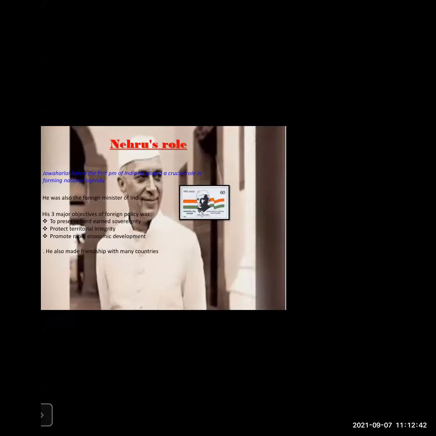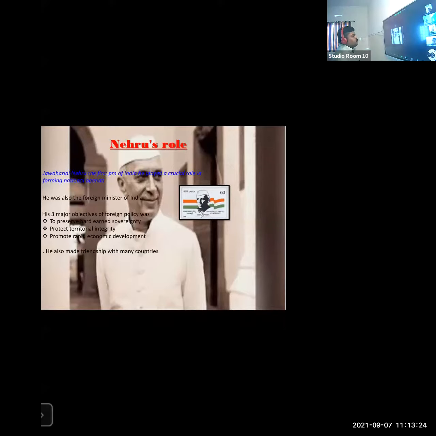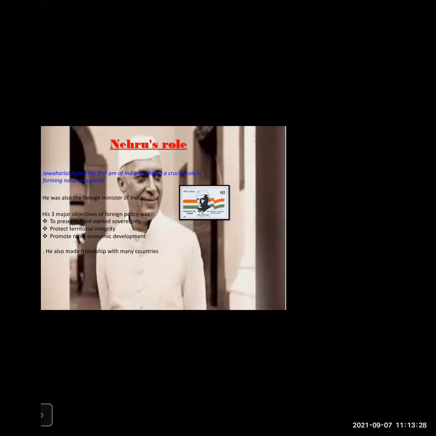Nehru's role. Nehru was the first Prime Minister of India. He had played a key role in forming the NAM, and he was also the first Foreign Minister of India.